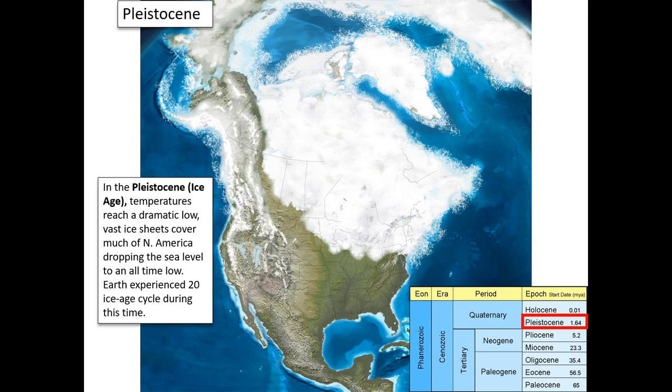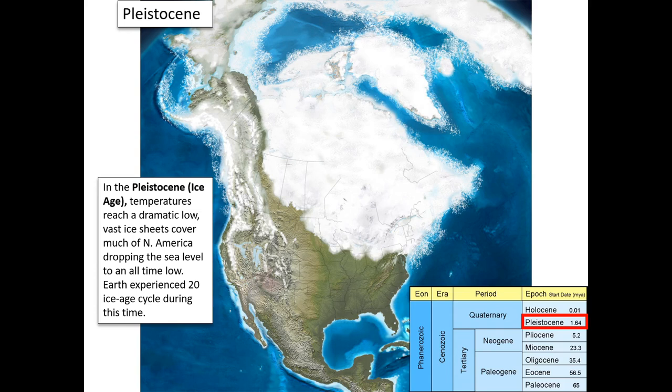The Pleistocene was the time of the ice ages. It was a time in Earth's history in which we had dramatically low temperatures, probably the lowest temperatures that we have had since the times of Snowball Earth, if you can remember that, back in the Proterozoic. So very, very low temperatures, almost unprecedented for the Earth.